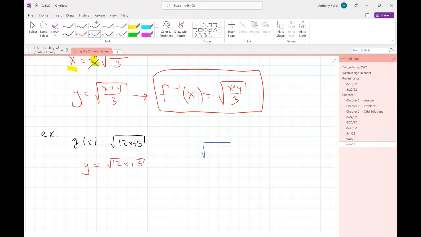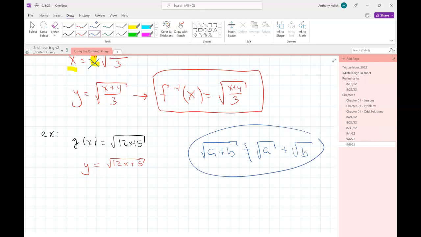So just as an aside, you can't break a square root at an addition or subtraction symbol. Square roots do not distribute. That is very bad. Okay? The only operations that you guys know about that distribute are multiplication and division.